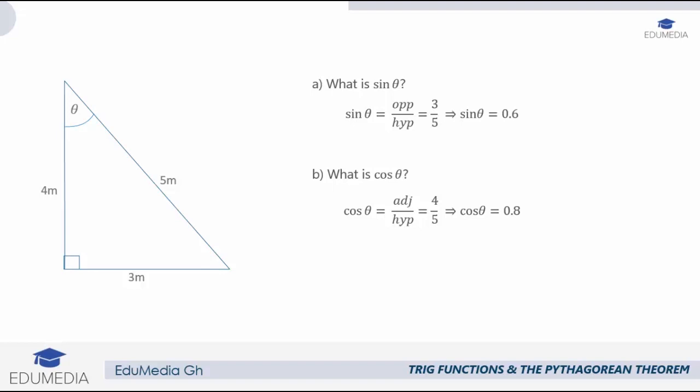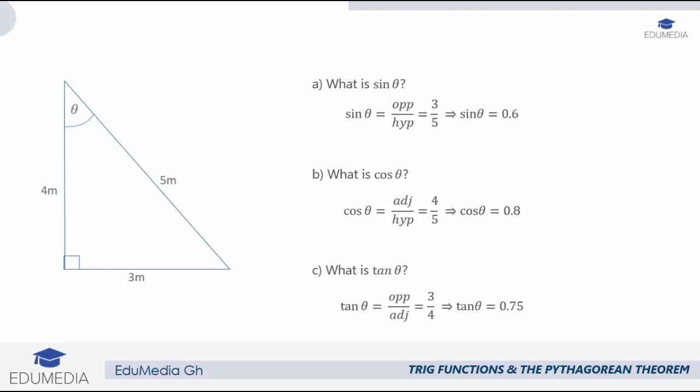And we also have tan theta. The formula there is opposite divided by adjacent. The opposite is 3 and the adjacent is 4. So tan theta equals 0.75.